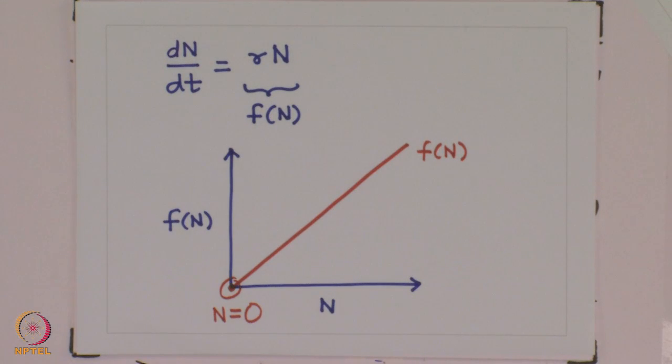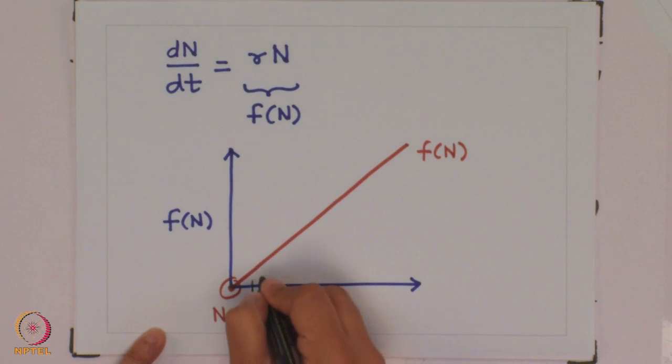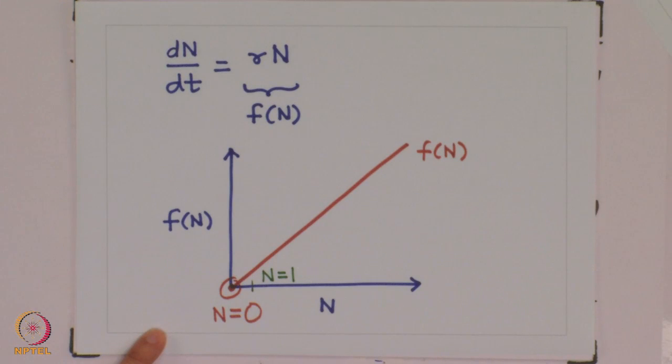A negative number of individuals of a species does not make any biological sense, and hence we are only going to introduce a deviation which is to the right of the system. So, if we are operating at n equal to 0 and we introduce a disturbance such that n is equal to 1, we want to see whether the system wants to move back or move forward in time.